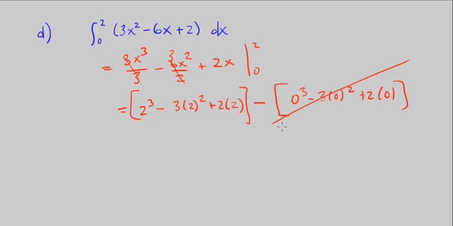Well, this is all 0 anyway. So that's 2 cubed is 8 minus 3 times 4 is 12 plus 4. 8 minus 12 is negative 4 plus 4 is 0. I could say 0 units squared or just 0. Units squared is always good because we're doing the integral.